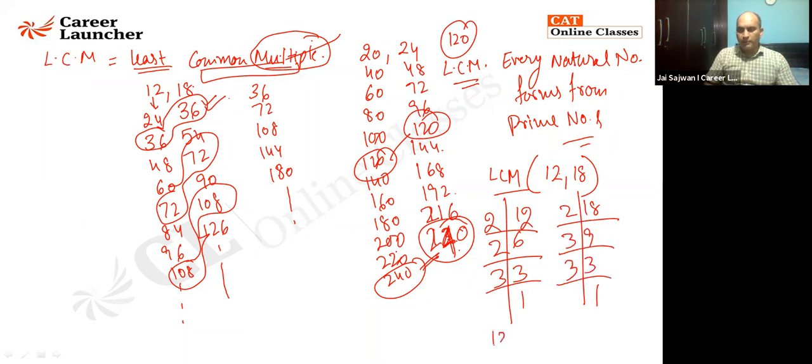So I know 12 is coming out to be 2 square into 3, and 18 is coming out to be 2 into 3 square. I want a common multiple of them. You know, a multiple is a number which is more than this. Understand it. One is a multiple of 4 and the second is a multiple of 2. If you take a multiple of 4, it will also be a multiple of 2, but it is not necessary that a multiple of 2 will also be a multiple of 4.